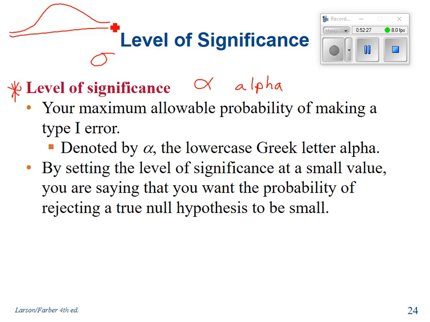If our level of significance is 10%, then that means we're going to be way up here, and anything that falls in here, that's not good. That's the stuff that we want to get rid of. That's what we want to reject. If we use the level of significance at 1%, then instead of this line right here being way out here, that line might be way down here somewhere, and now we're only rejecting that.